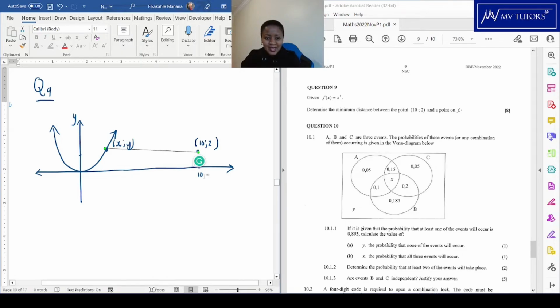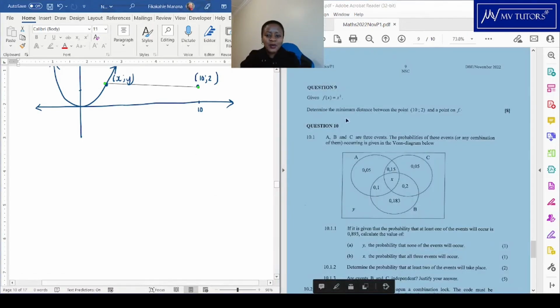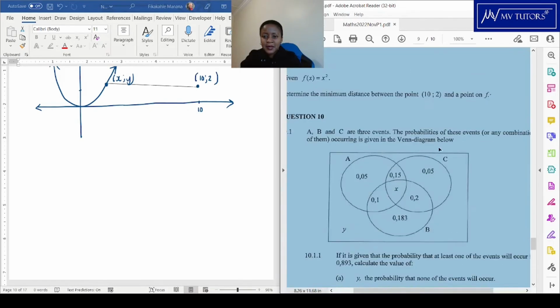So how are we going to start this? Already when I saw minimum distance being the key word, I was like, okay, we're going to use the distance formula. And what does the distance formula say? So let me just make this a bit bigger.